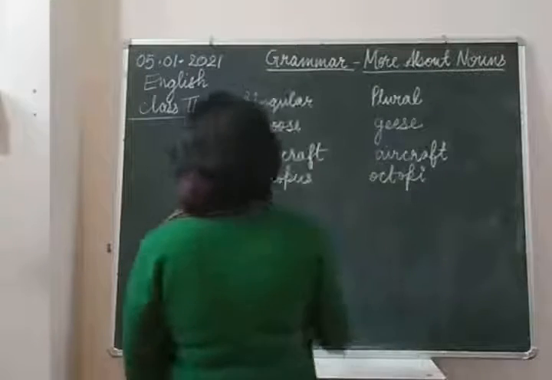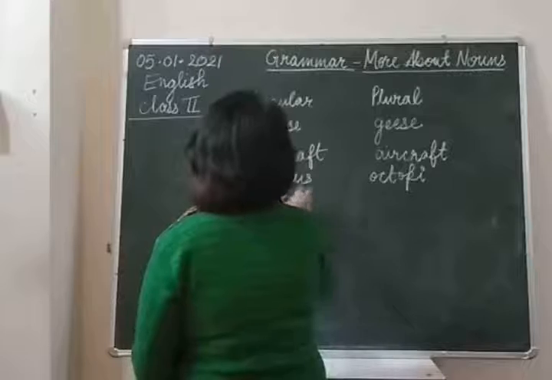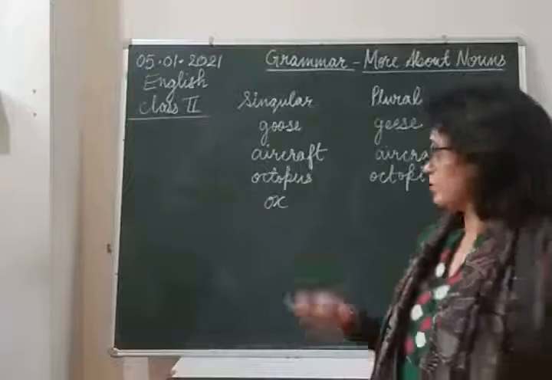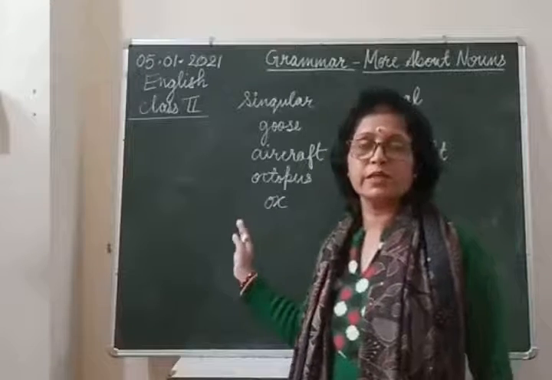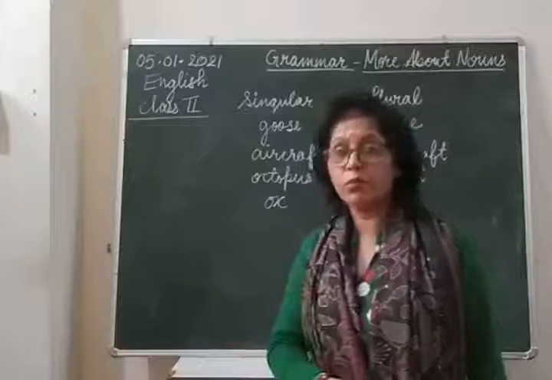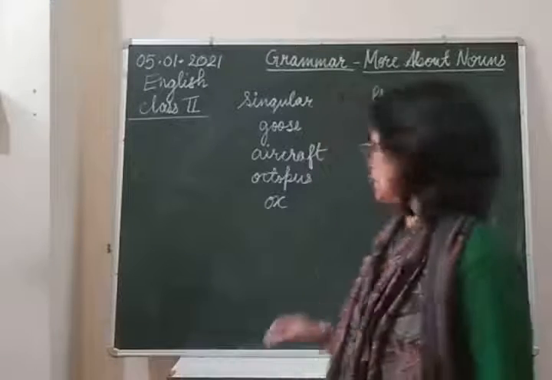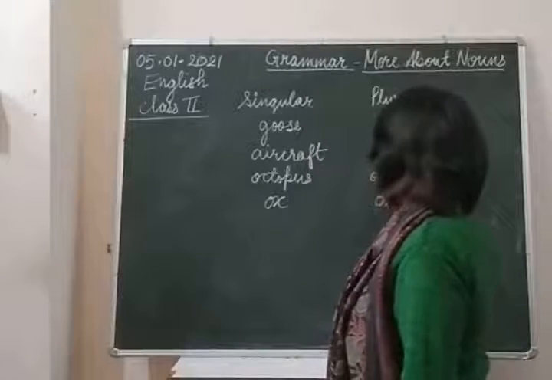Then we have ox. Ox, and if there is one ox, it is ox, and if there are more than one ox, then it is called oxen. O-X-E-N.